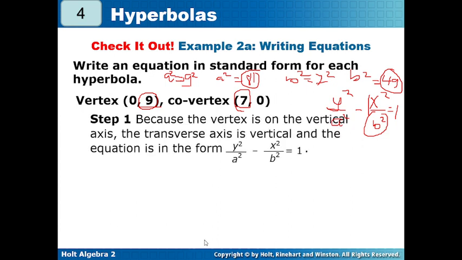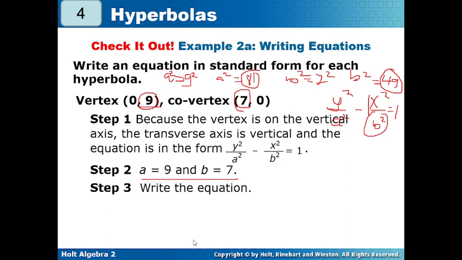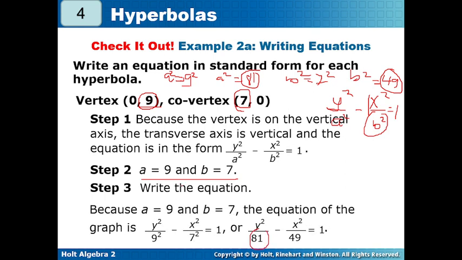That is step 1 and step 2. So we could write the equation already. Your equation would be 81 as the denominator for your y and 49 as the denominator for your x. So you have y squared over 81 minus x squared over 49 is equal to 1.